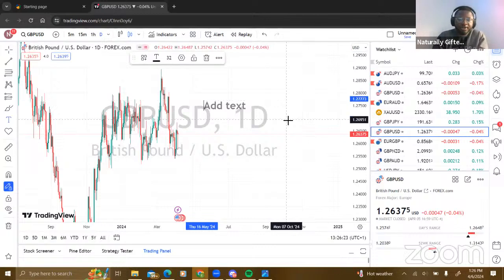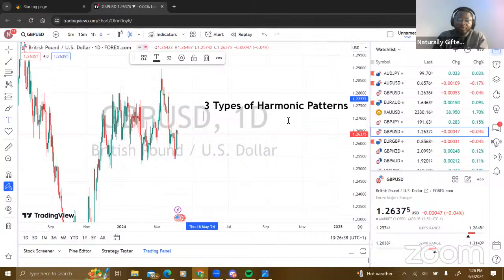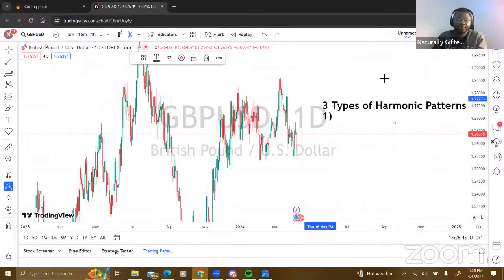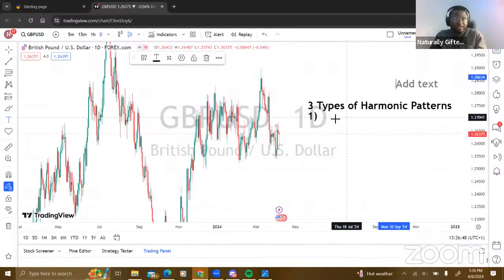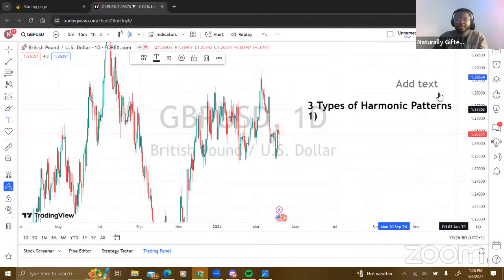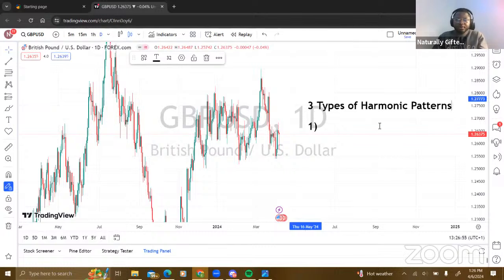So remember, three types of patterns. These are the most common patterns, actually. Three types of harmonic patterns. The first one is the retracement patterns.